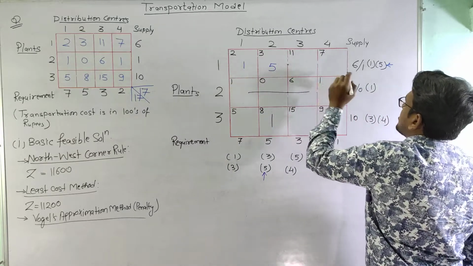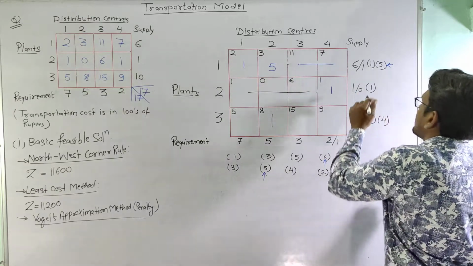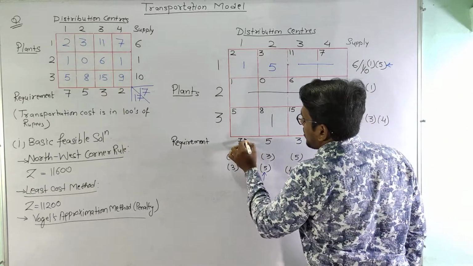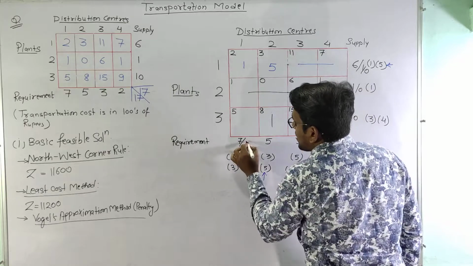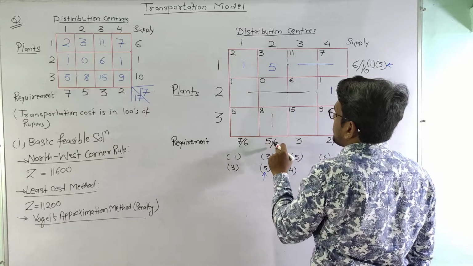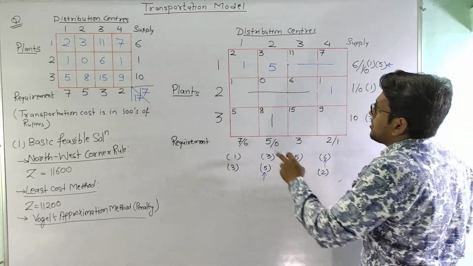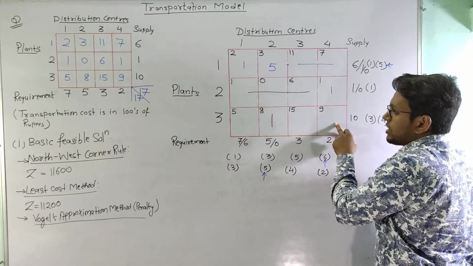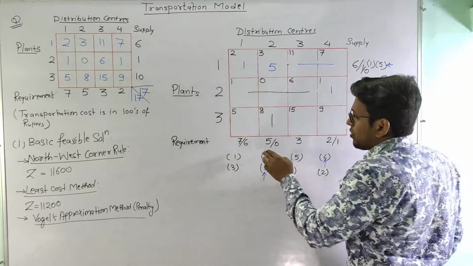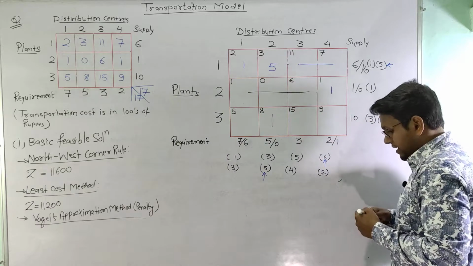That means this has been completed and no further allocation can be done here, and this has come to 0. Now out of 7, 1 has been allocated and this has come to 6. 5 has also been allocated, so this will be 0. Now as we can see here that only a single row is remaining, and because there are no other options we are forced to allocate the remaining values in these cells.